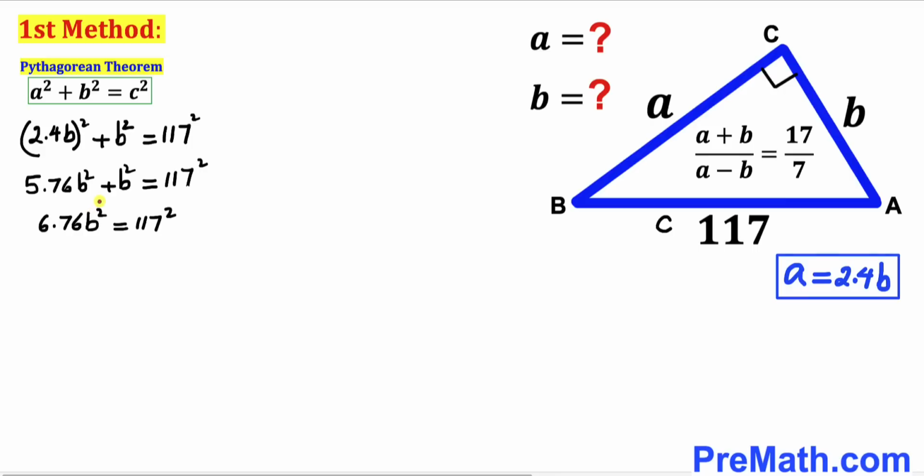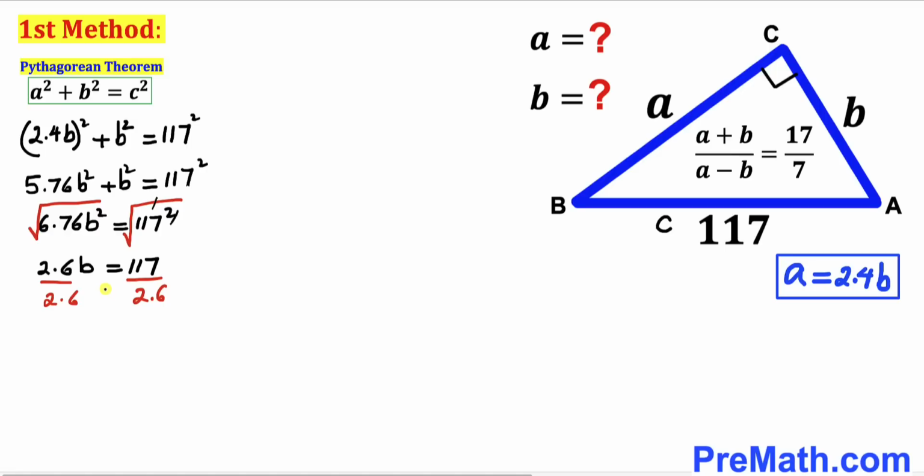Now we undo the squares on both sides, so that gives us 2.6 times b equals 117, since the square and square root undo each other.